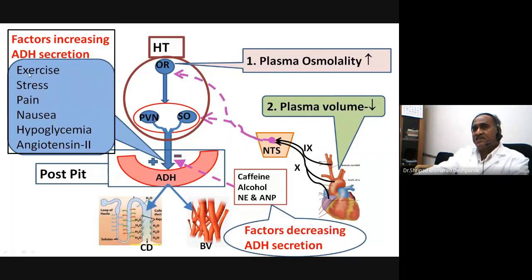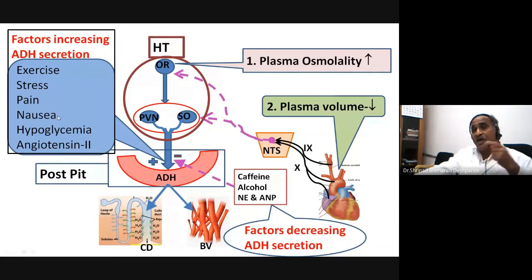increase ADH secretion: exercise and stress, because stress increases the blood pressure. At the same time, it will increase the glucocorticoid and corticotropin activity. Also, it will stimulate the hypothalamo-hypophysial tract to secrete ADH to retain the blood pressure. Pain, because from the pain there are reticulohypothalamic fibers that would try to increase the ADH secretion.